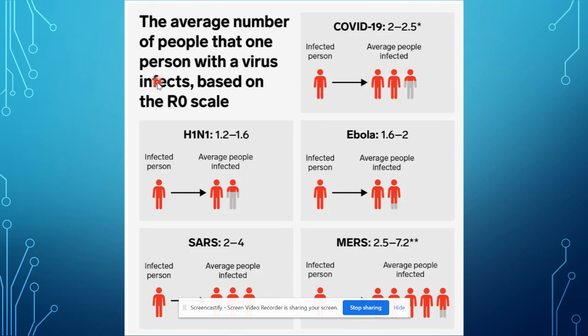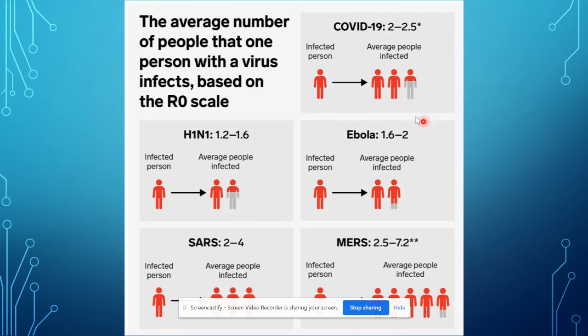So I mean, it's asking if you get sick, how many people are you going to infect? Well, if you get sick with COVID, it's saying on average, you're going to infect 2 to 2.5 people.